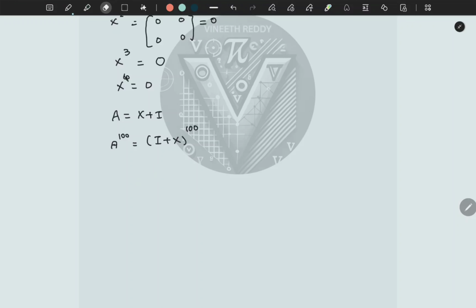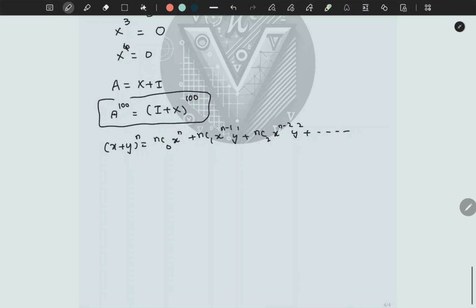Let me recall the formula. X plus Y whole power n will be nC0 X to the power n plus nC1 X to the power n minus 1 into Y, plus nC2 X to the power n minus 2 Y square, and so on. So A power 100 is I plus X whole power 100.